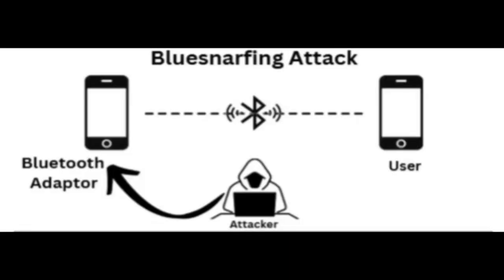Next we talk about bluesnarfing, because our whole project today is on bluesnarfing in Bluetooth. Bluesnarfing is a Bluetooth security threat in which the hacker gains unauthorized access to your files using the Bluetooth connection. Bluesnarfing and bluejacking are the basic attacks which the attacker performs, but bluesnarfing has a higher risk than bluejacking.